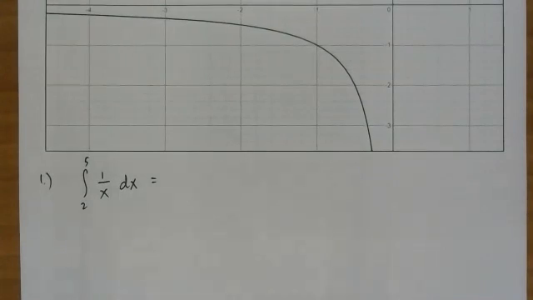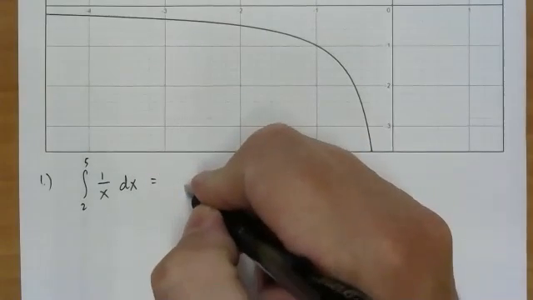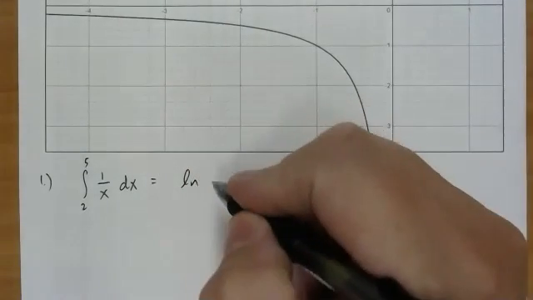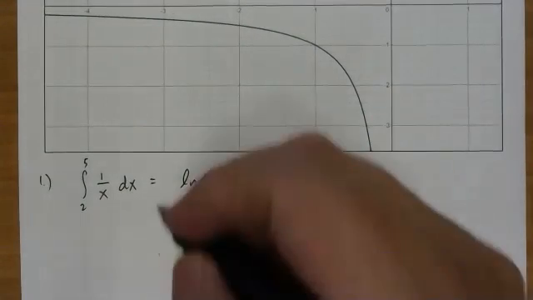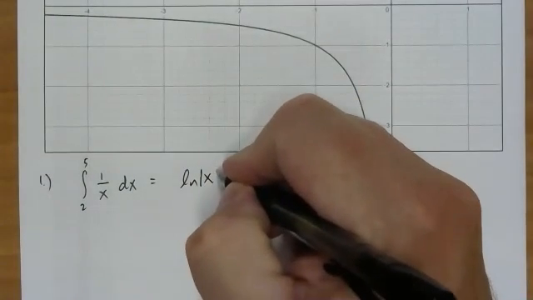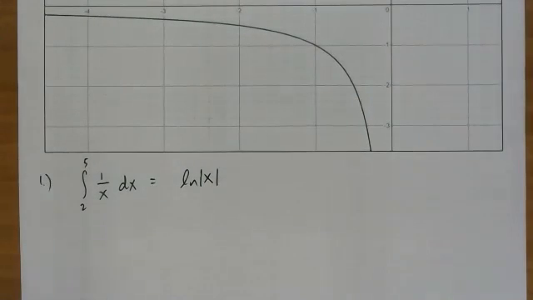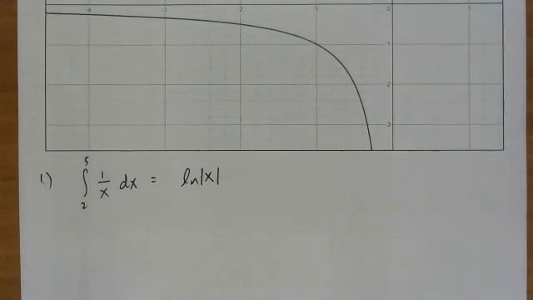What's the integral of 1 over x? Natural log of x. Now here's what's interesting. This isn't really quite the right answer, and with the next problem, you're going to see that it matters. It's actually natural log of the absolute value of x.